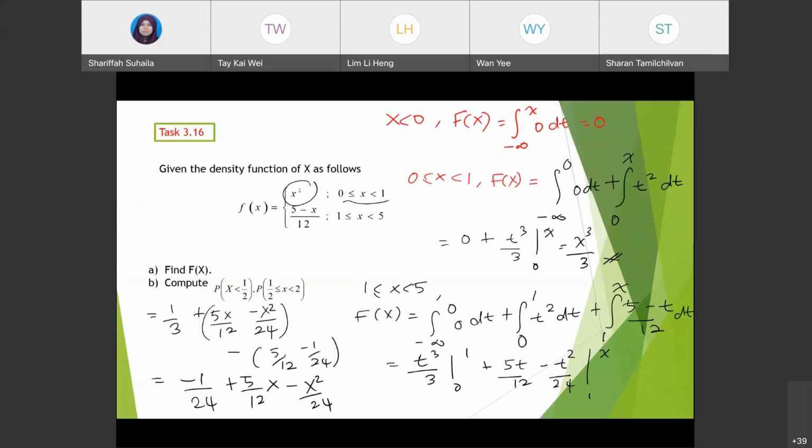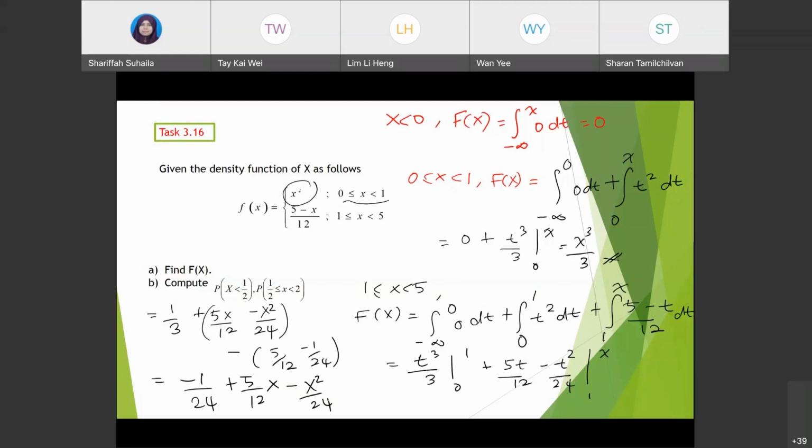So that one is between 1 and 5. You just integrate minus infinity up to 0, plus 0 up to 1, plus 1 up to x. Selesaikan, and then you have minus 1 over 24 plus 5 over 12 x minus x squared over 24.